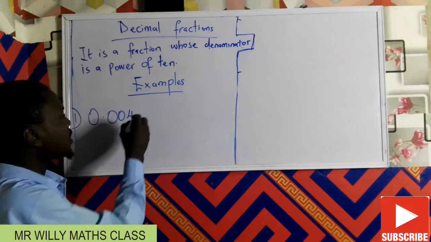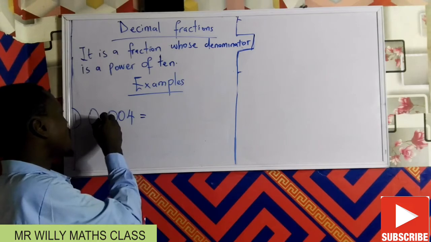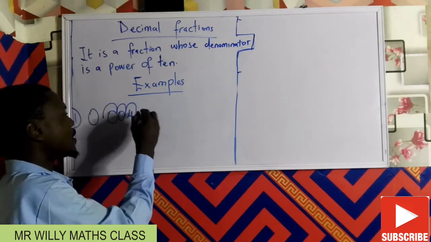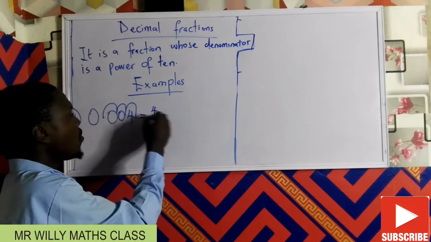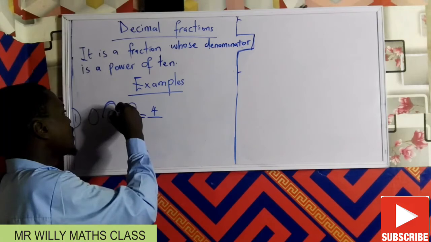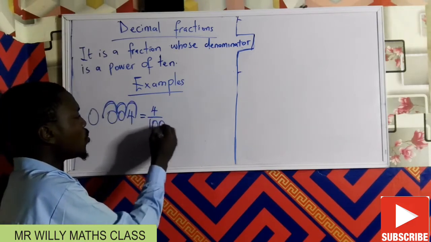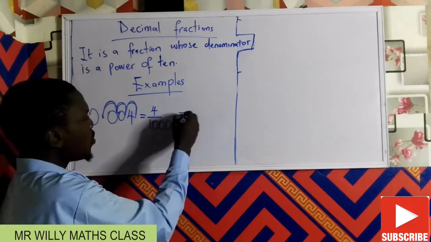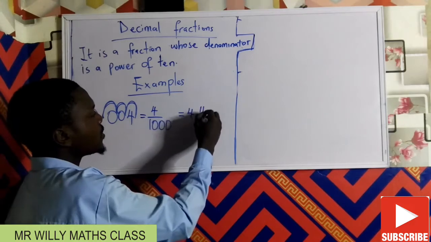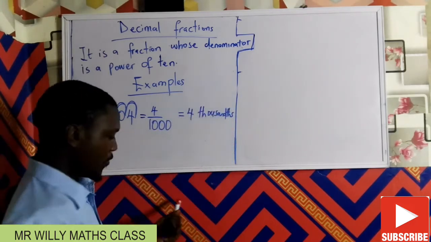The first thing is that you count the decimal places from the decimal point. That's 1, 2, 3. That will be 4 over, and the number of zeros will be 3, so this will be 4 over 1000, 4 thousandths.